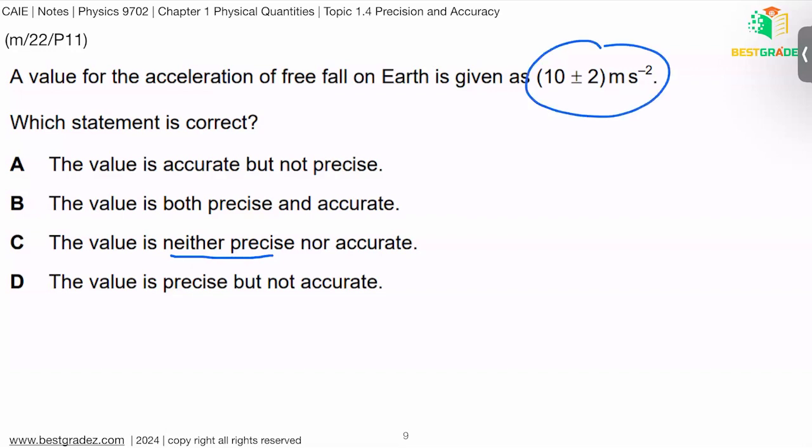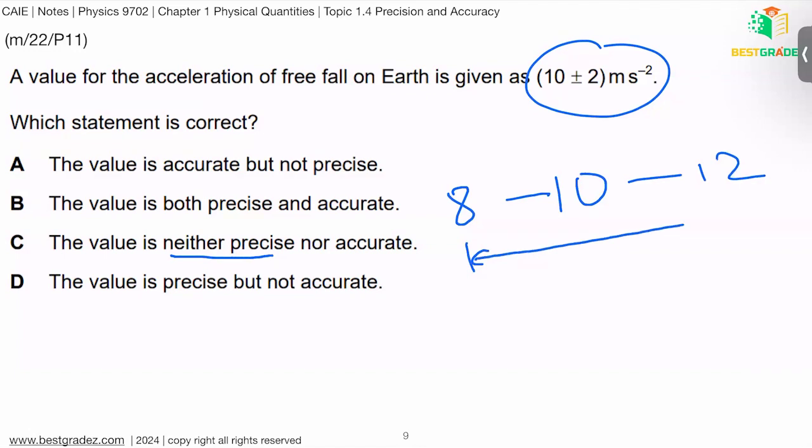What this information is telling us is that the value of G is somewhere from 8 to 12. Plus minus means this is how uncertain we are. Isn't that a lot? The actual value is somewhere in there. So this information tells us the values are between 8 and 12, so the statement is correct.